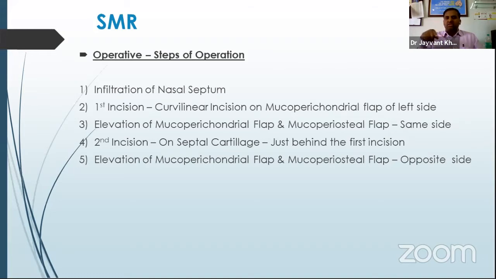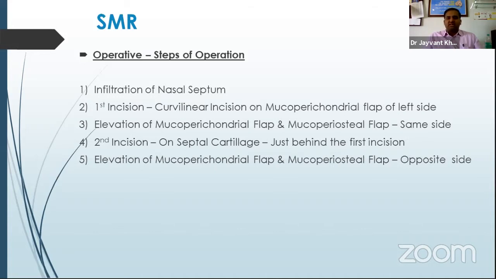Then with the perichondrial flap elevator, we elevate the mucoperichondrial and mucoperiosteal flap on the same side. Then, after elevation, we use surgical blade number 15 again and incise the septal cartilage just behind the first incision. You can use 1 centimeter distance.